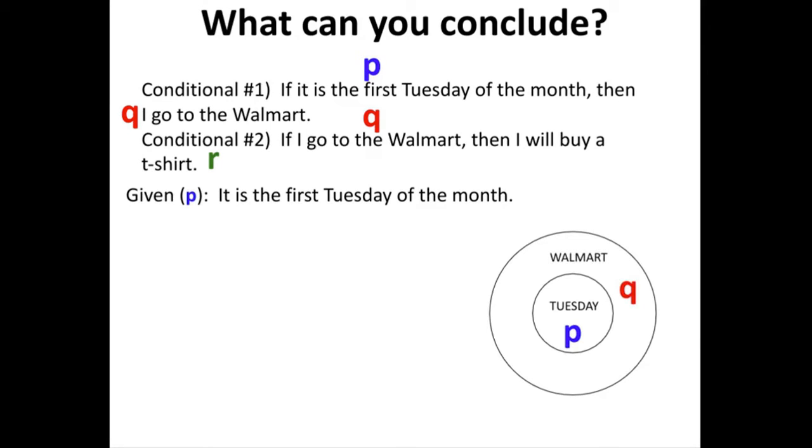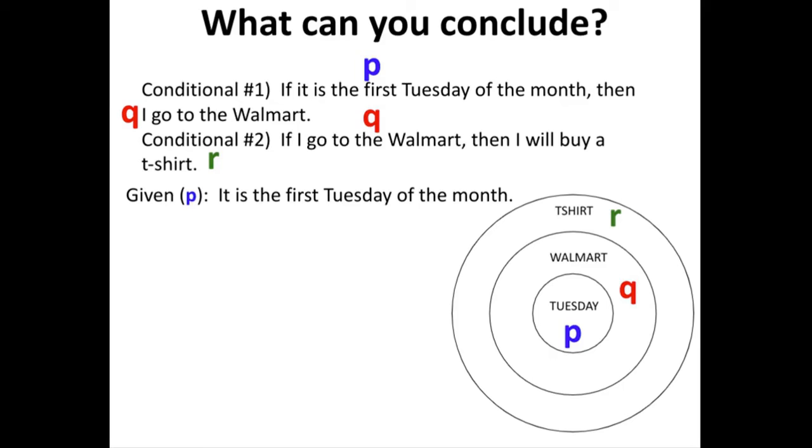And then my final statement is I will buy a t-shirt. Now, before we go any further, this is the way I set up, and this is the format of if P then Q, if Q then R, right? So it logically lines up with those symbols that I gave you there at the beginning of this particular video.